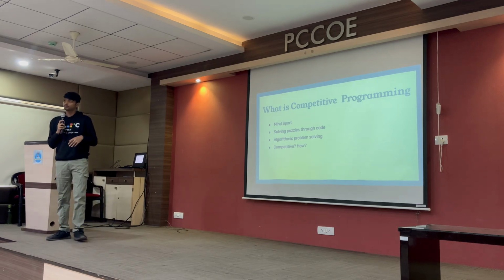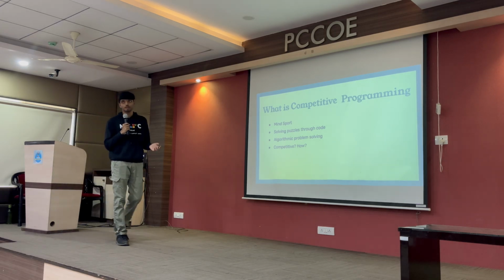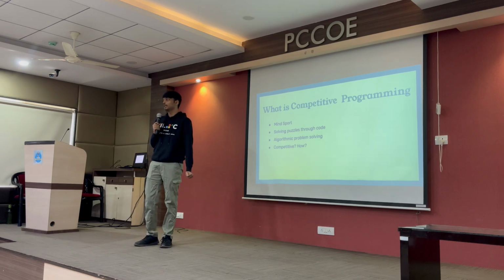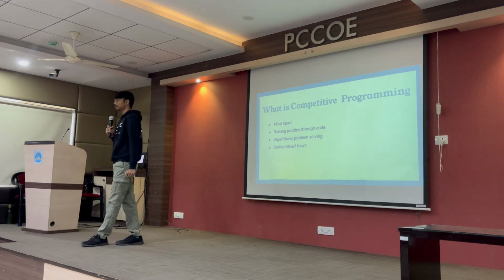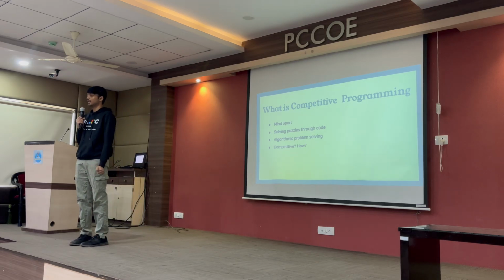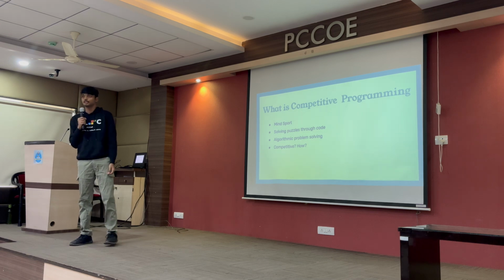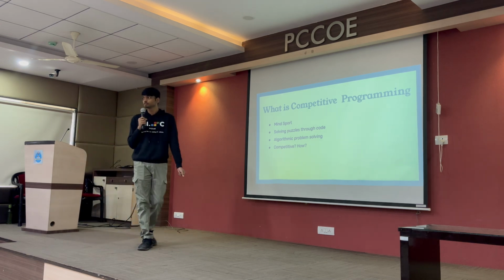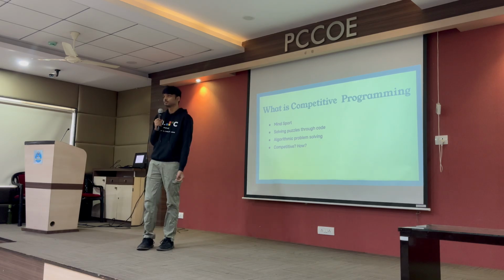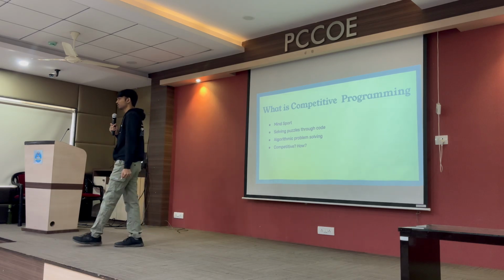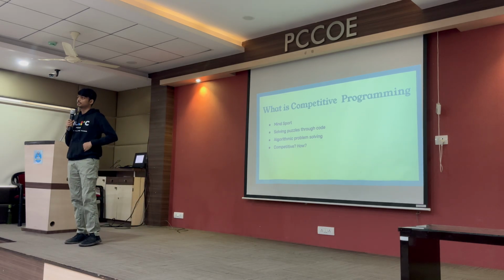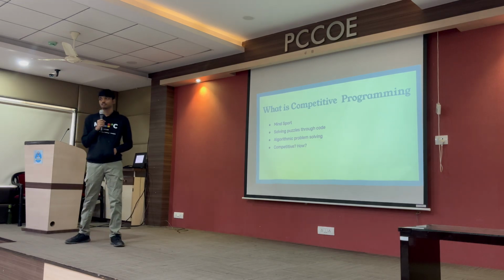In competitive programming, there are many approaches to solve a problem. Like I asked you to find the sum from 1 to n, say from 1 to 10. How would you do it? Someone tell me one way. You have to calculate the sum from 1 to 10.